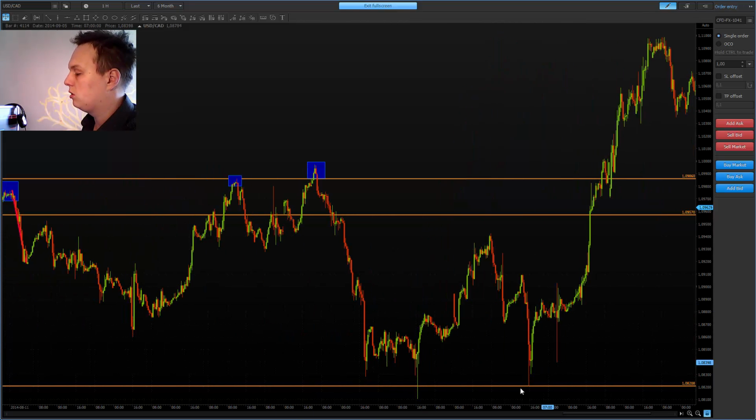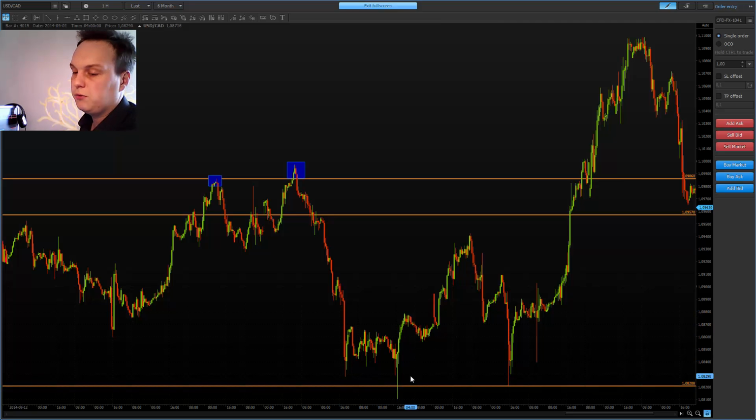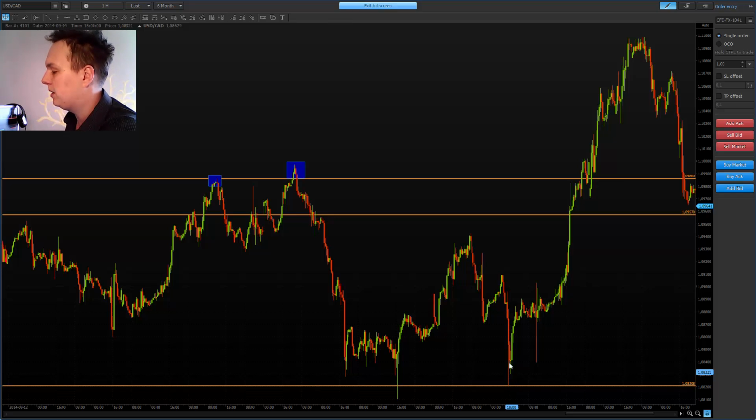Some traders wouldn't use this retest to buy, because some traders think that if demand or supply zone was tested in past, it will be too weak. It might be, not necessarily it will, but it might be too weak to hold price and to move it again.